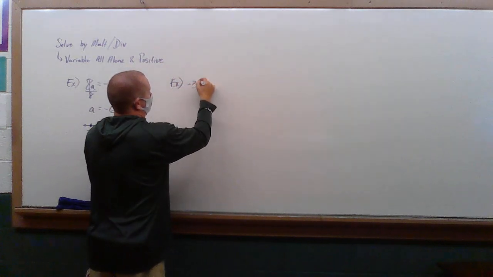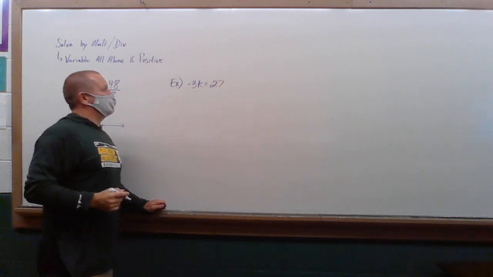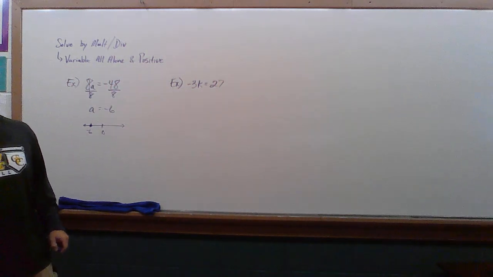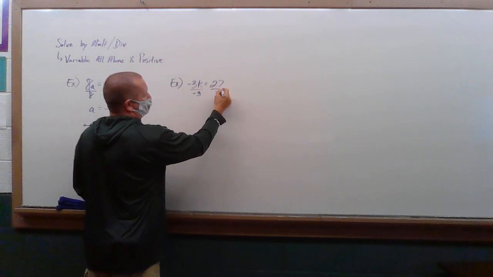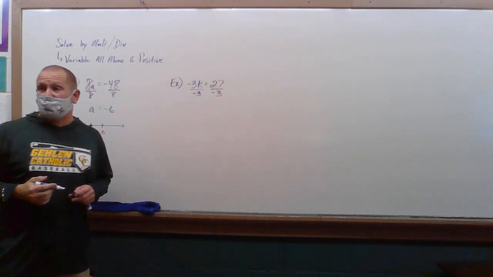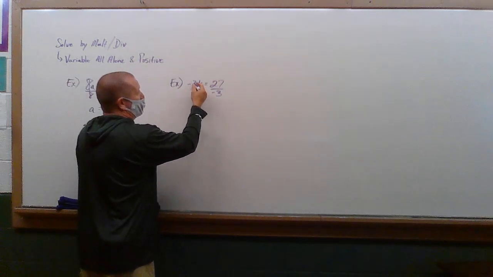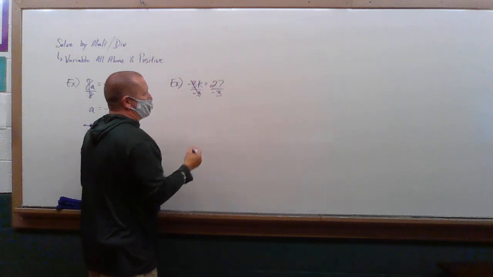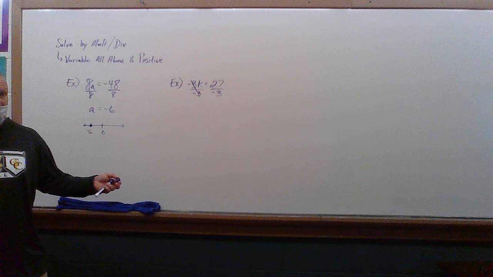So -3k is equal to 27. What am I going to divide by? -3, right? If I divide by -3 on one side, I have to do it on the other side. Make sure you continue to do it on both sides of the equation. Remember, when I have -3 and -3, they cancel each other out because I'm dividing. -3 divided by itself would be just 1.